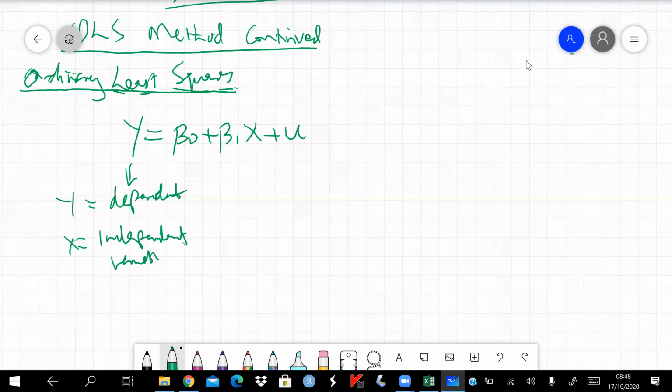If you look at the ratio of the explained variation to the total variation of y, that is, the variation in y explained by the model, this ratio should be as large as possible.